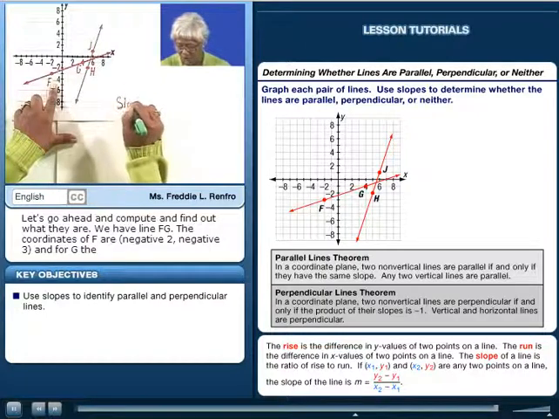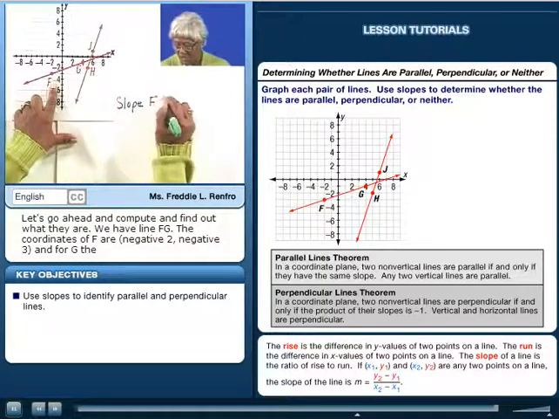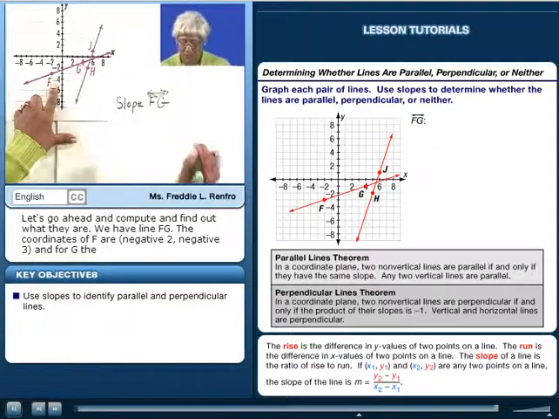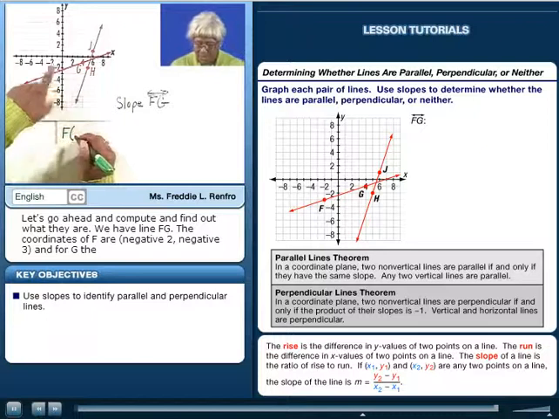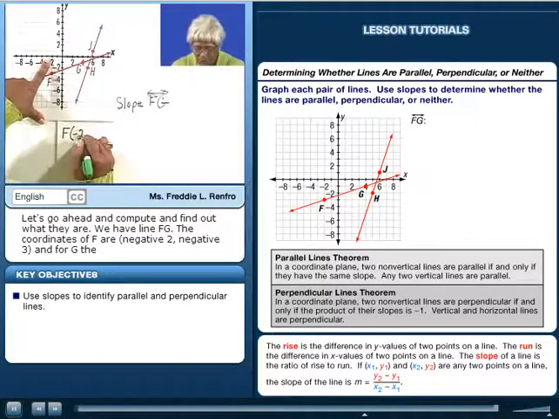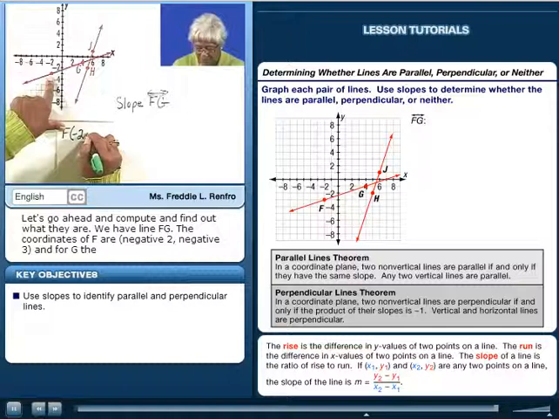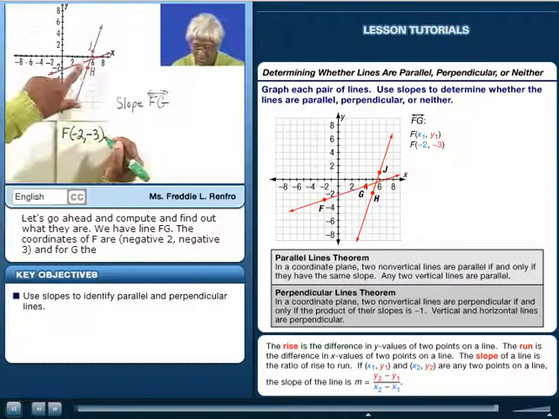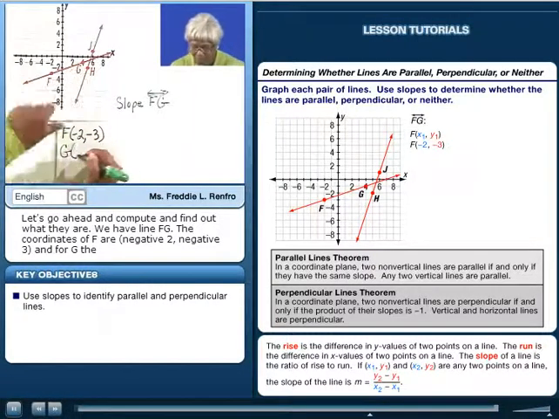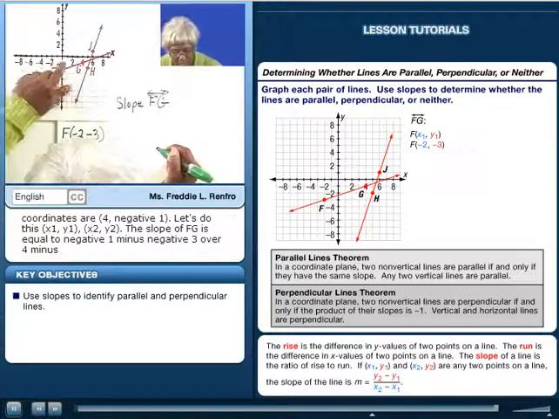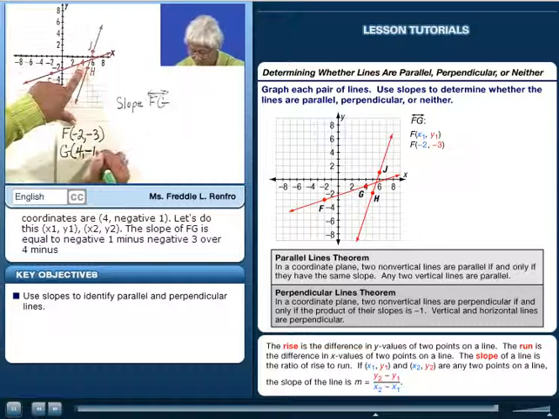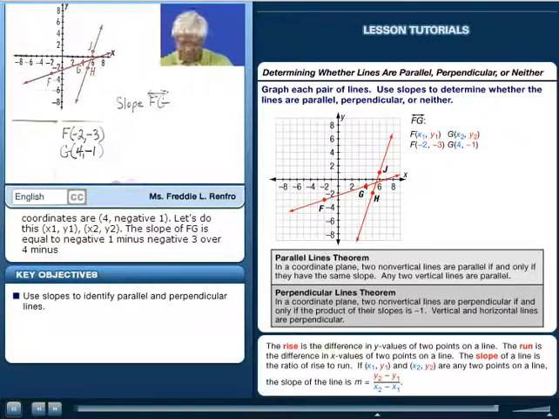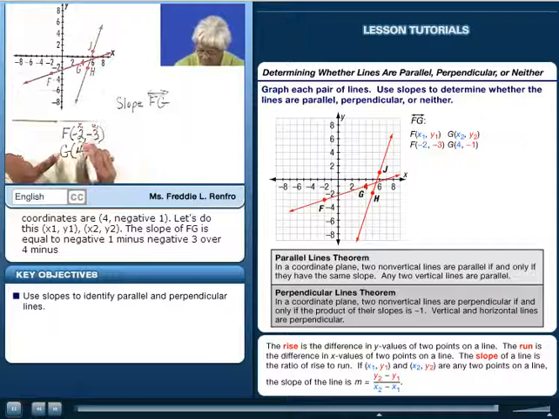The coordinates are, I'll put them here, negative 2, negative 3, and for G, the coordinates are 4, negative 1.